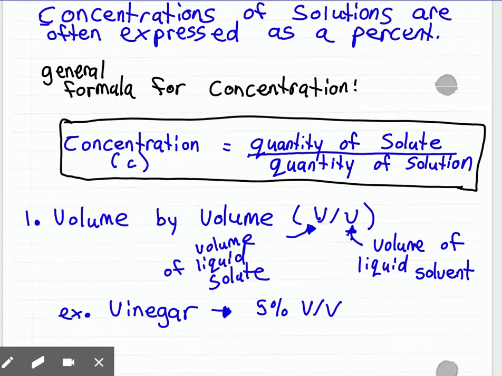So it's telling you the concentration of the vinegar is 5% volume by volume acetic acid, because vinegar is just diluted acetic acid.